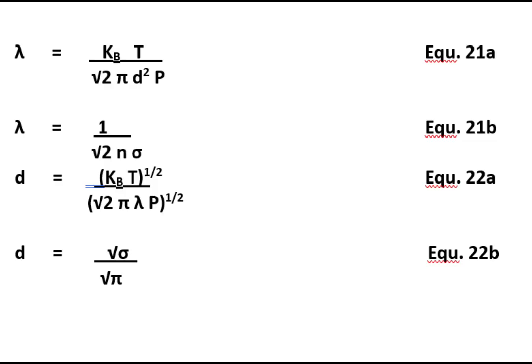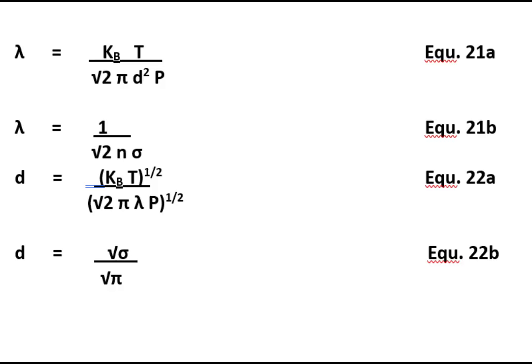5.2 Molecular diameters. Equation 22a for the molecular diameter, d, of gases can be derived from equation 21b of the mean free path, lambda, by substituting the mathematical expression for the effective collision cross-section area, sigma.